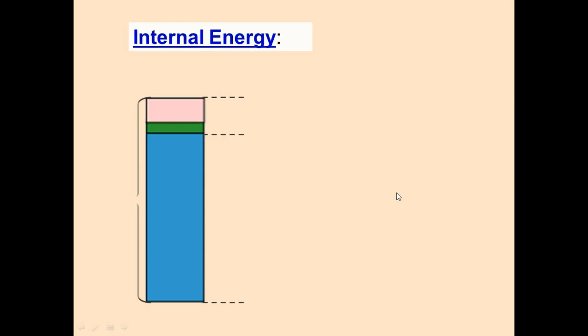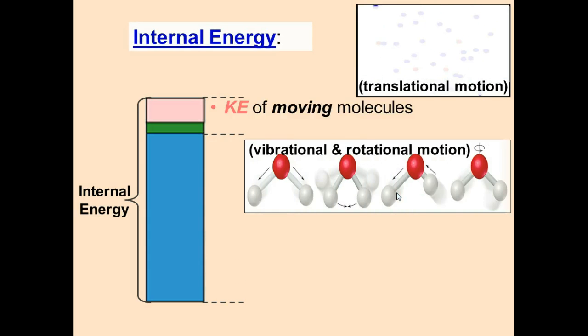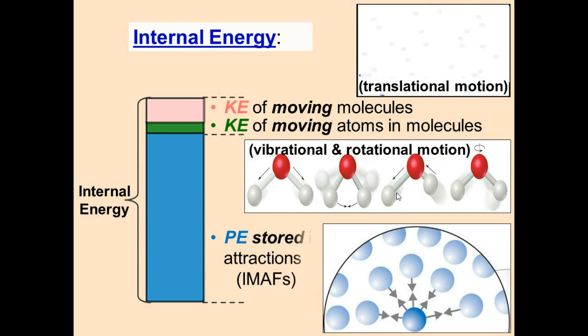And so here we're going to talk about internal energy. And so internal energy is made up by kinetic energy of moving molecules. So these whole dots here, if you can't see them, behind it there's just a ton of dots. So each one is a molecule. So kinetic energy could be measured by the moving molecules or the moving atoms in a molecule.